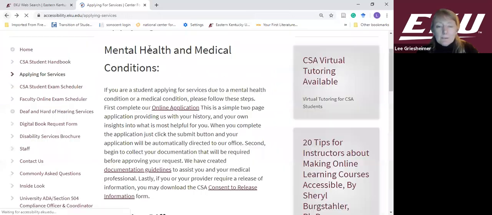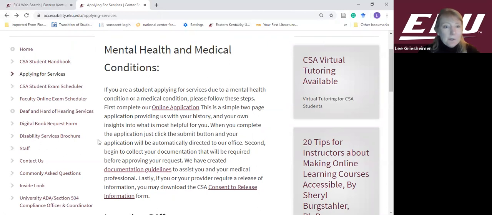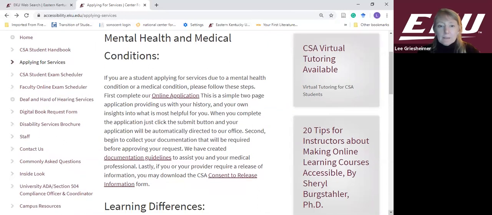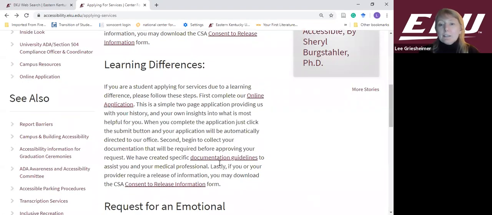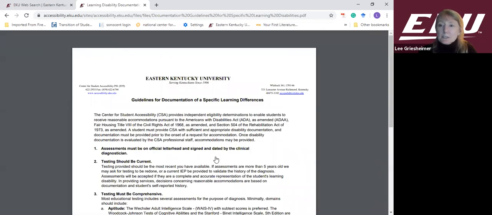So that is the documentation guidelines for mental health and medical conditions. We also have a learning differences documentation guidelines page. So this is for people diagnosed with a specific learning disorder.